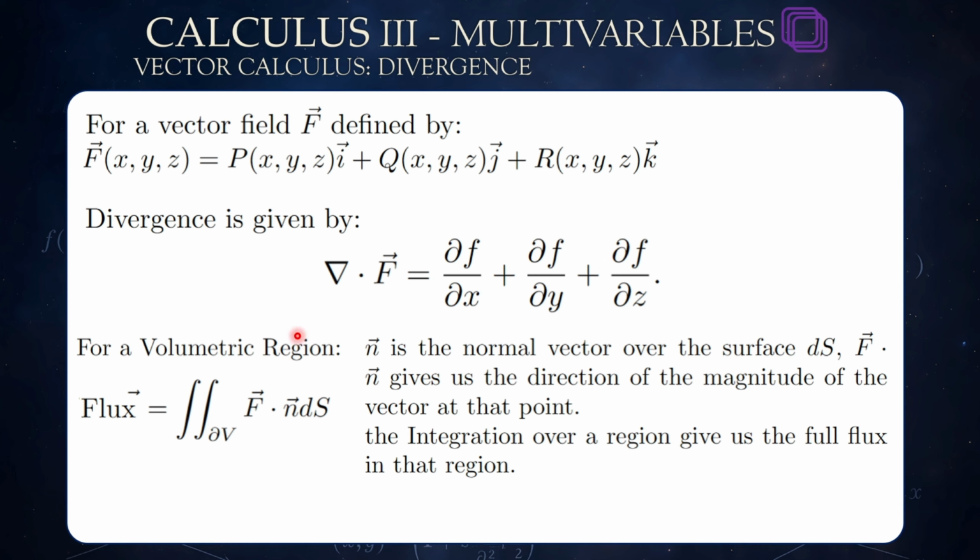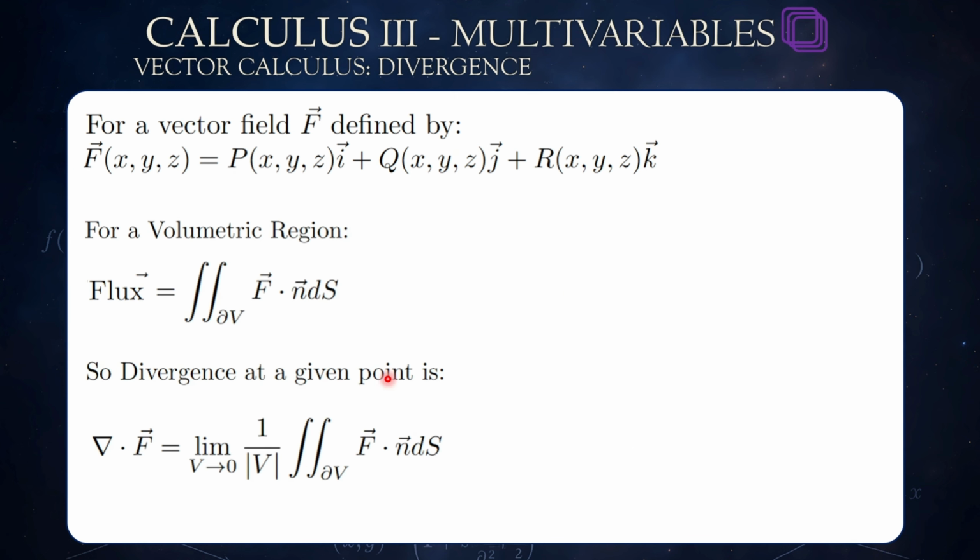For a volumetric region, n is the normal vector over the surface dS. So F dot n gives us the magnitude of the vector in the normal direction at that point, how it is going. The integration over a region would give us the full flux in that region.